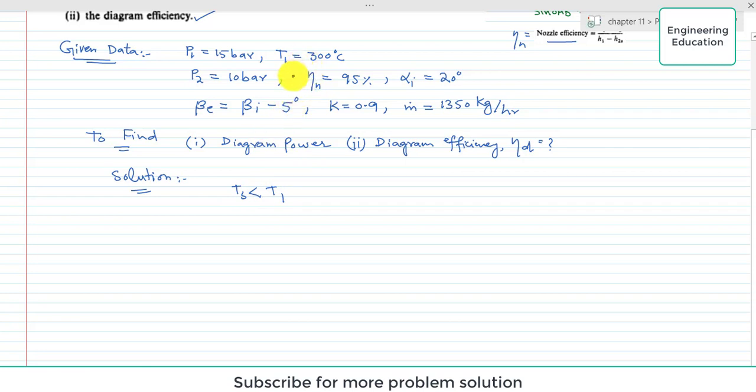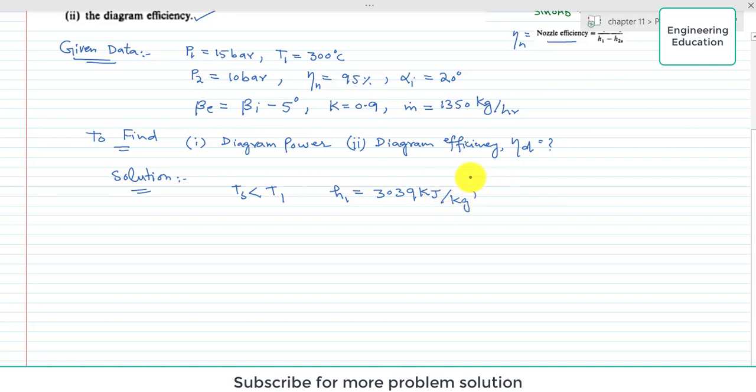Going to the superheated tables, at 15 bar and 300 degrees C, we note the value of enthalpy, which is 3039 kilojoule per kilogram.